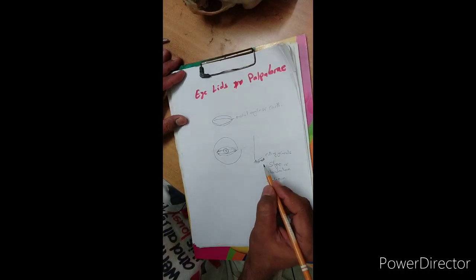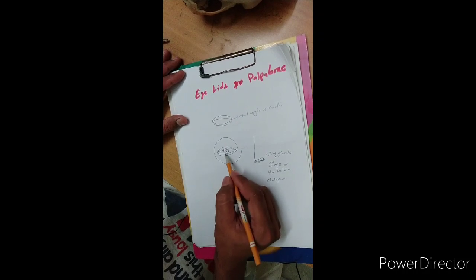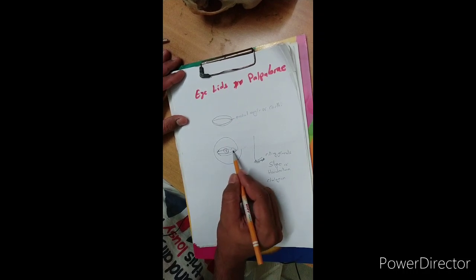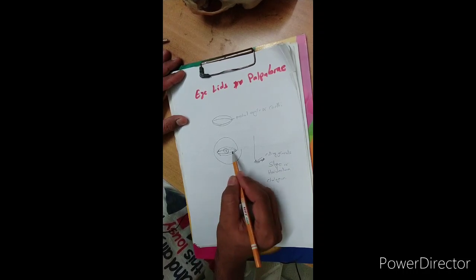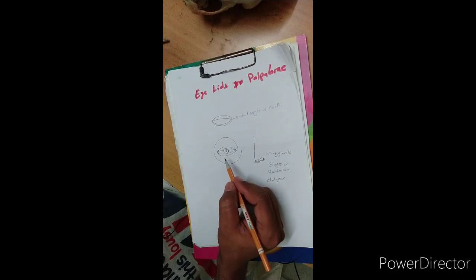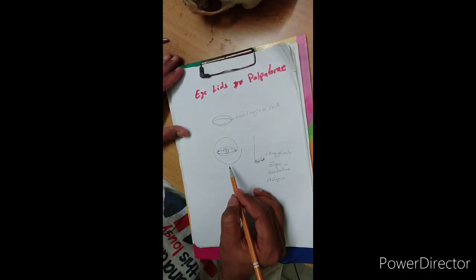Clear? So this is how the two eyelids are separated: by the palpebral fissure. This is the palpebral fissure here. This palpebral fissure meets medially and laterally at the medial and lateral angles of the eye. So this is the general idea of the eyelids.